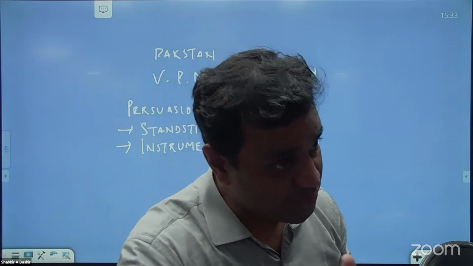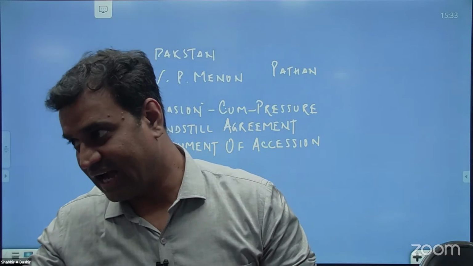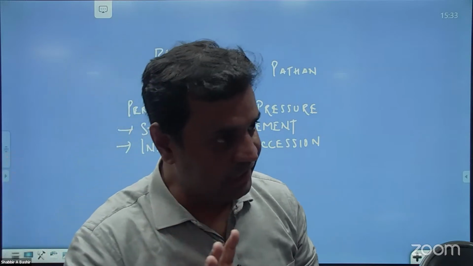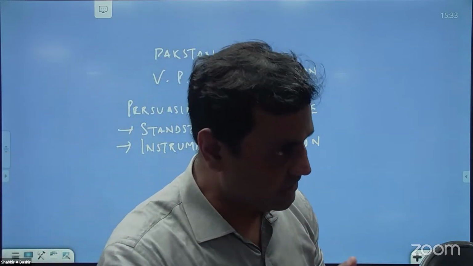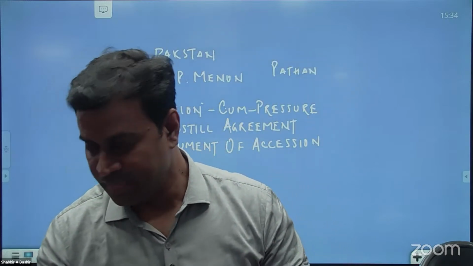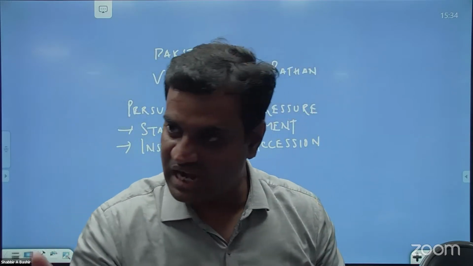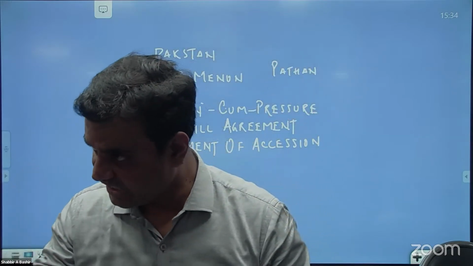Based on this name, right now there's a political party known as AIMIM, that is All India Majlis-e-Ittihad ul-Muslimin, headed by Asaduddin Owaisi. So it was started by the Muslim aristocracy in Hyderabad.